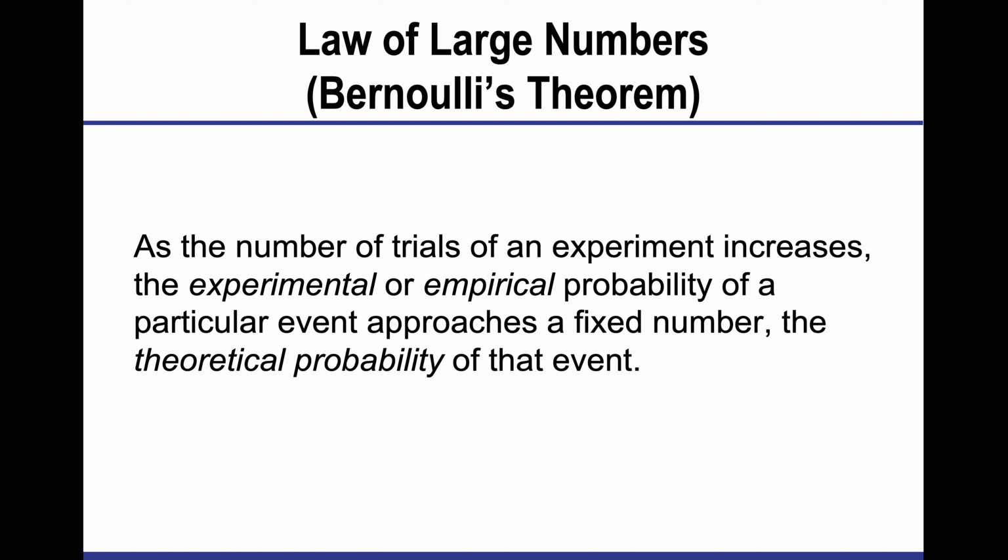So what we say is we have this law of large numbers because if you've ever flipped a coin, you might have noticed if you got heads the first time, that doesn't imply you'll get tails the next time. So if you had 2 flips, you had exactly half of your flips heads, half of your flips tails. What the law of large numbers, or Bernoulli's theorem, says is that if I keep flipping that coin, as the number of times that the experiment is run increases, so say instead of flipping it twice, I flip it 2,000 times, the experimental probability will approach the theoretical probability.